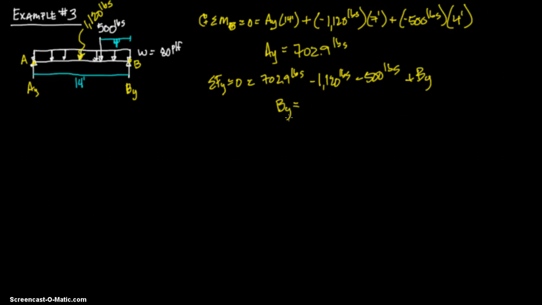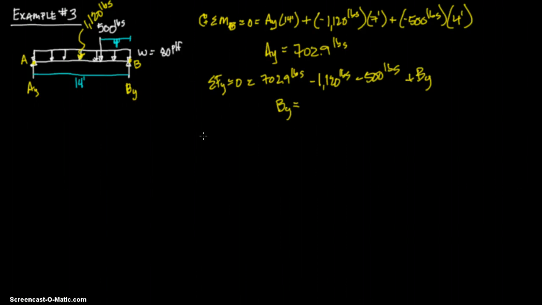That should be intuitive for you by now, because unless you have an overhang situation, you're always going to have positive reactions on a simple beam. I say moments, I mean positive force in the y direction. It's going to go up, unless you have an uplift condition.